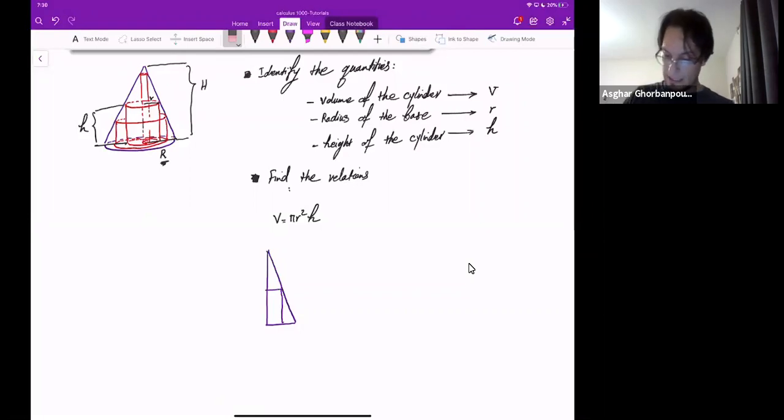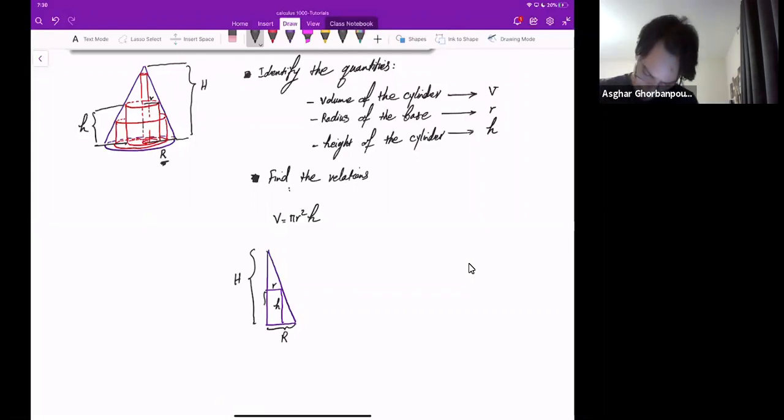Now, I know that this guy here is R. I called this piece H. The height of the cone will transfer to that, and the radius of the base will transfer to this.